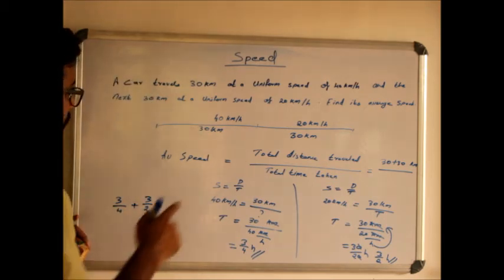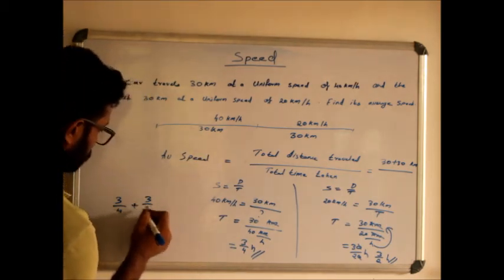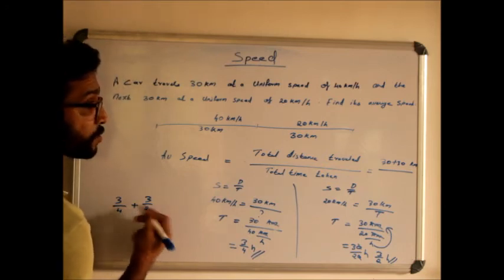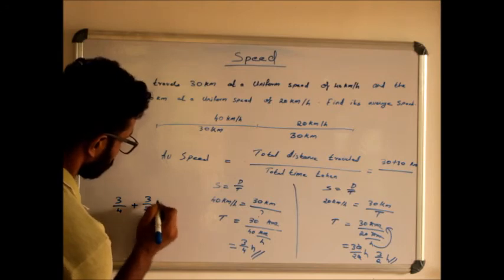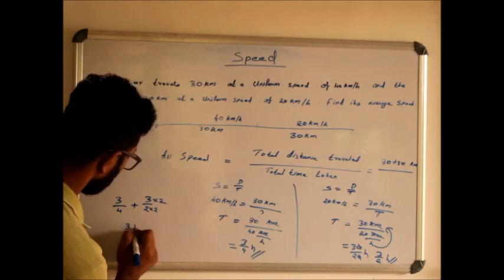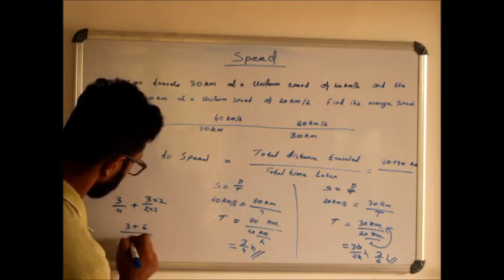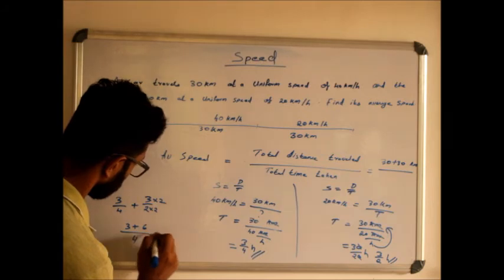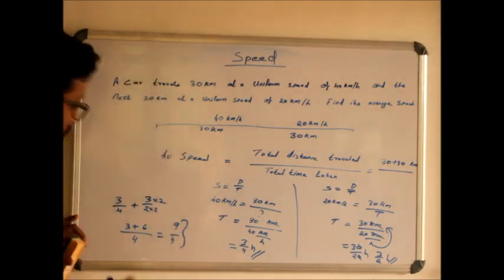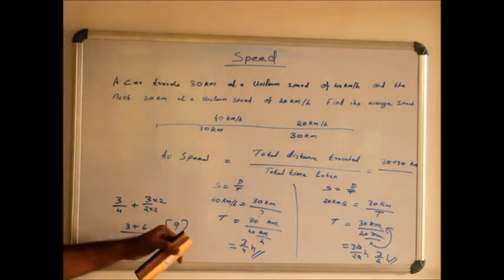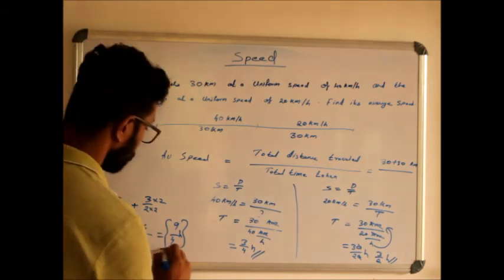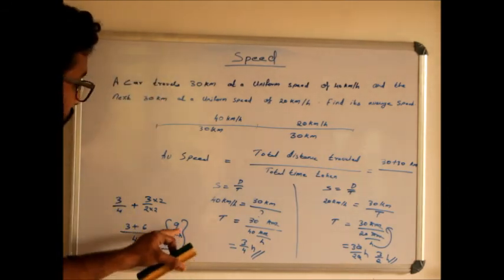We know how to do this. The denominators should be the same, so 3 by 2 into 2 by 2. Isn't this equal to 3 plus 6 divided by 4, which is equal to 9 by 4? This is the time taken. Total time taken is 9 by 4 hours.